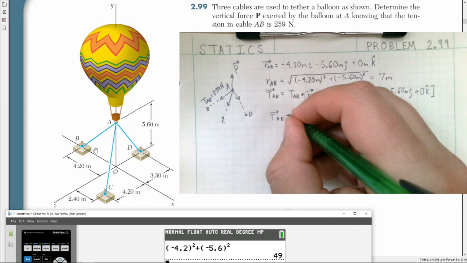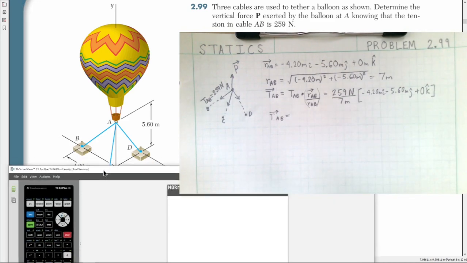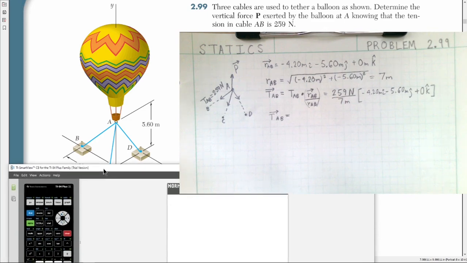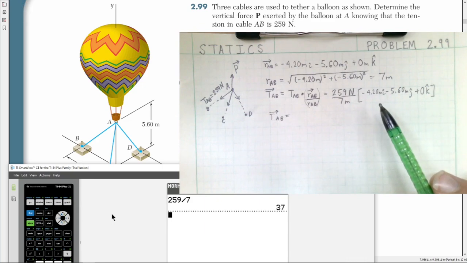So our tension vector from point A to B is going to be, as we multiply this out, 259 divided by 7, which is 37. So we're going to multiply each one of these x, y, and z component values by 37.